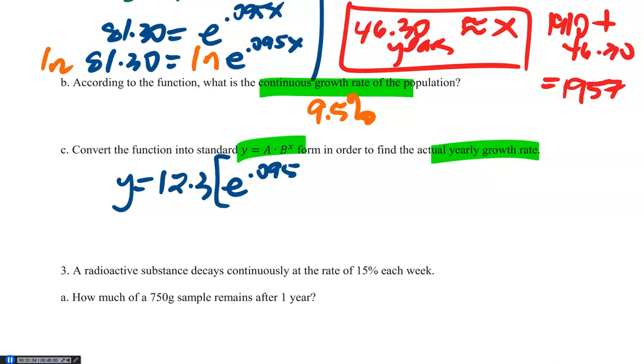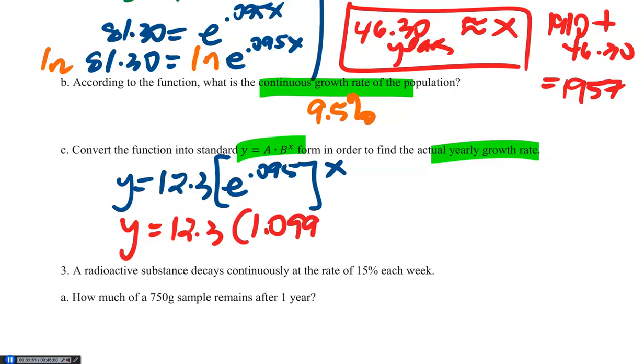So what we do here, to the power of x. e to the power of 0.095 is actually 1.0997 raised to x. So the actual yearly growth from here is 0.0997. If we subtract 1 from this, then times 100%, that is 9.97%, or almost 10%.